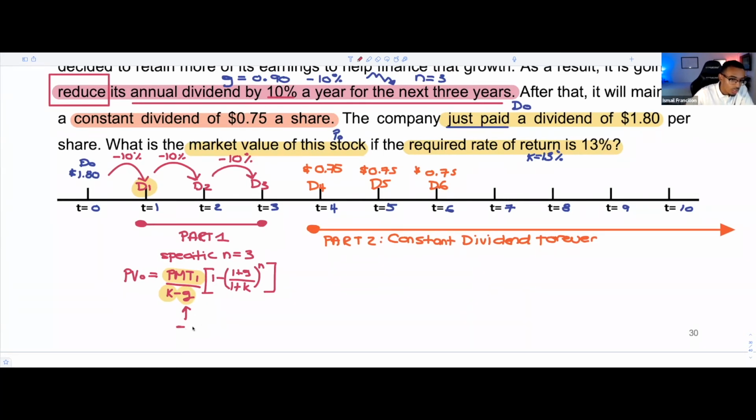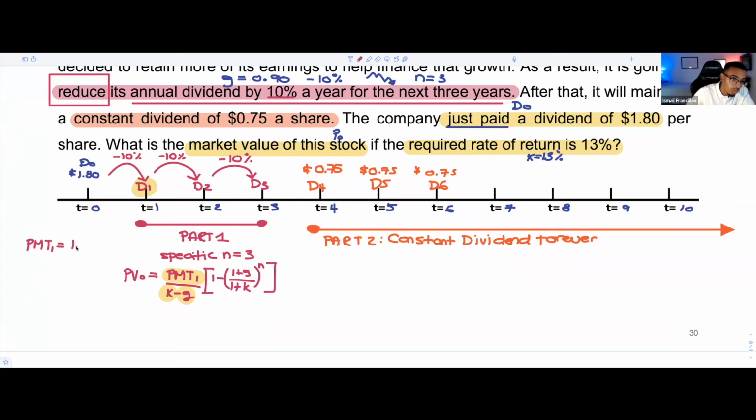It's essentially minus 0.1. I saw some of the answers in the chat. It's important to understand that our G is minus 0.1, minus 10%. So it's not 90% or anything of the sort. Very important, and I'll highlight them right here.